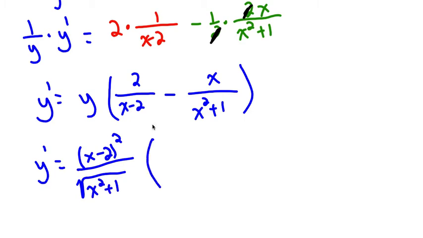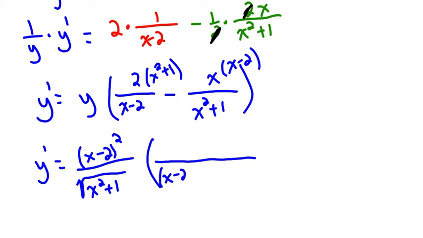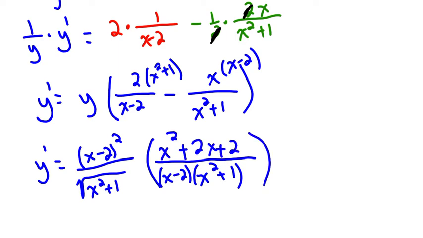Times, if I want to combine this into one fraction, we would have to multiply this one by x squared plus 1 and this by x minus 2 to give us that common denominator of (x minus 2) times (x squared plus 1). And then up top, we would have 2x squared minus x squared, which gives us x squared, plus 2x plus 2, if I did that correctly. Okay?